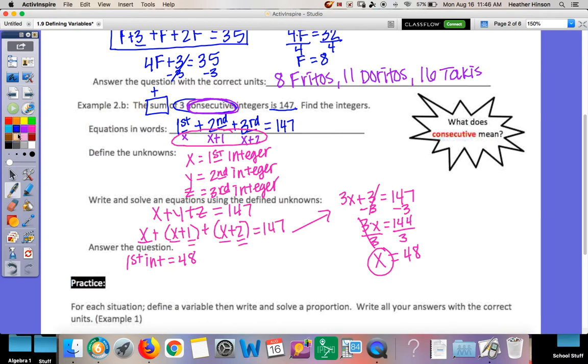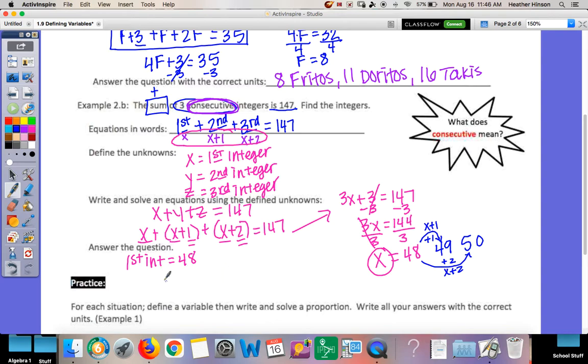So how do I get my second and third? Well, that's what this x plus 1 and x plus 2 are. To get my second one, remember, I just add 1 to my base number. That'll give me 49. To get to my third one, I'm going to add 2 to my base number. That'll get me 50.